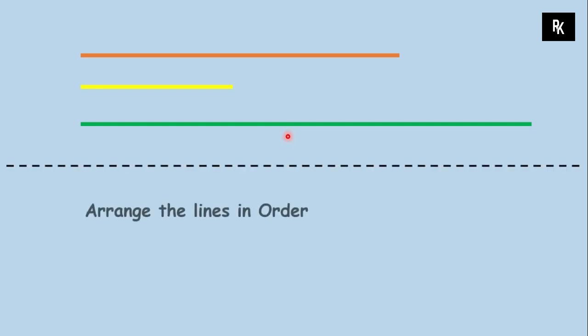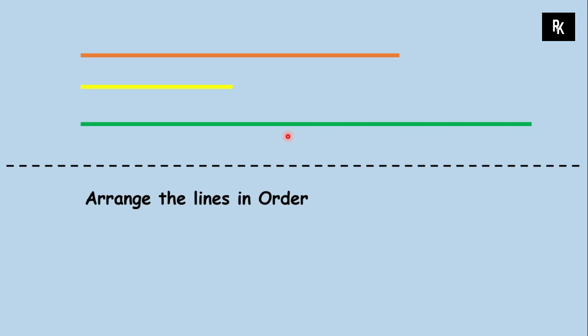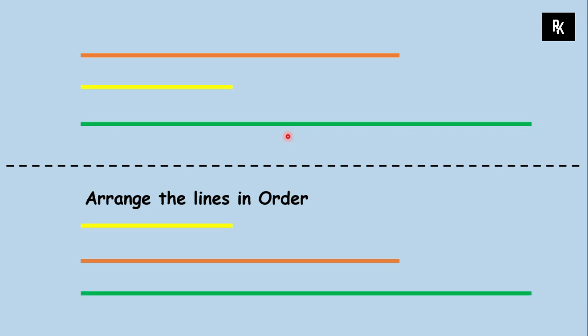Let's arrange the lines in order. We can say that yellow is the smallest, so it will come first, then orange, and then green. So we have arranged these lines in order from smallest to longest.